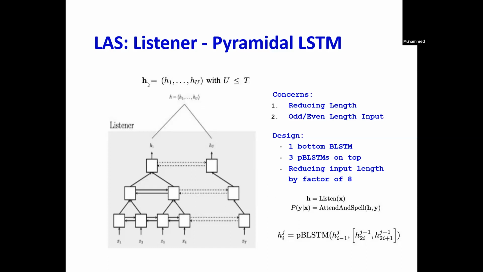As you can see here, the hidden states are H up to U, which would generally be less than or equal to the total sequence length received from the input. But also, you will face this in your homework: you will need to take care not to reduce this to a point that it is lower than the sequence length of the output.